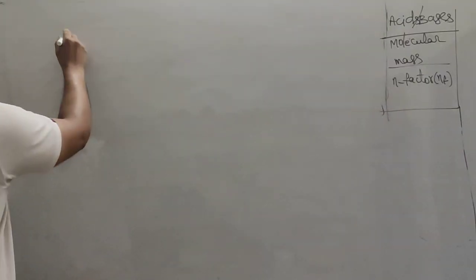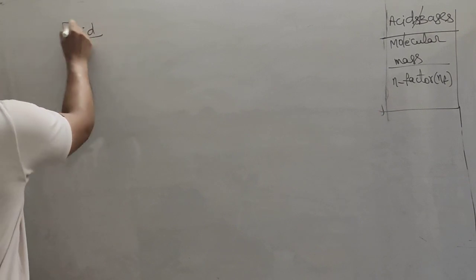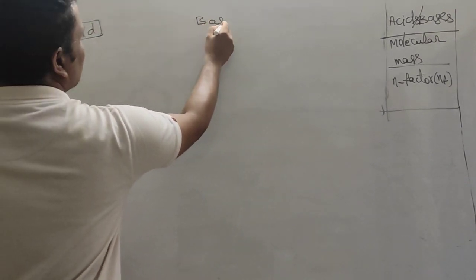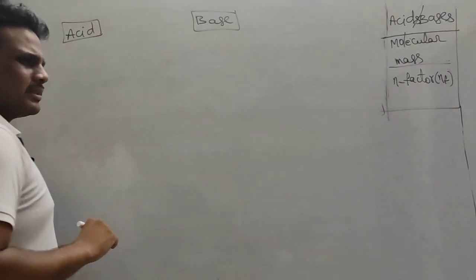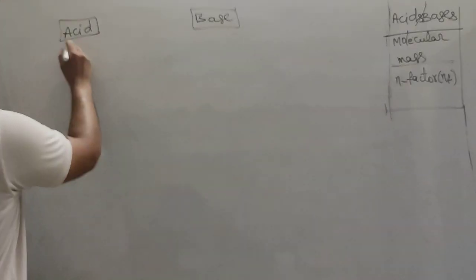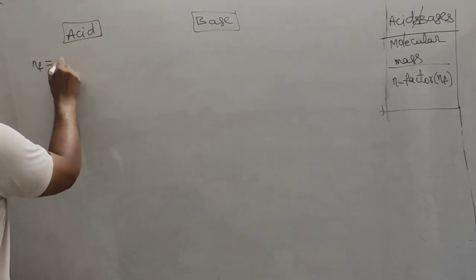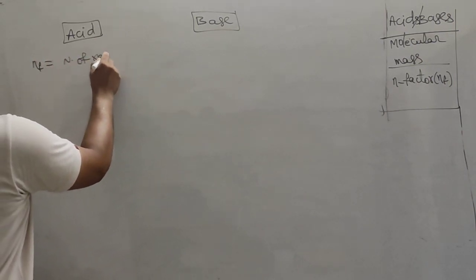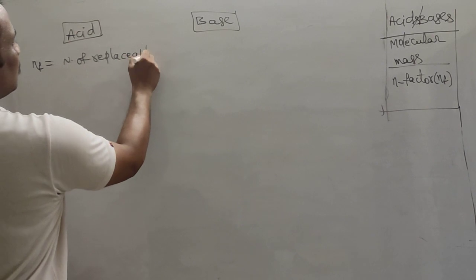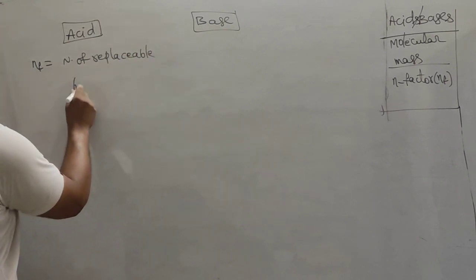So when it comes to acids and bases, we have various acids and bases. But how to calculate the n factor? In case of acids, the n factor is always the number of replaceable hydrogens.